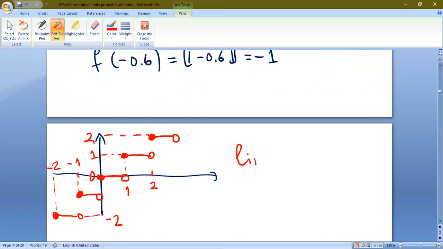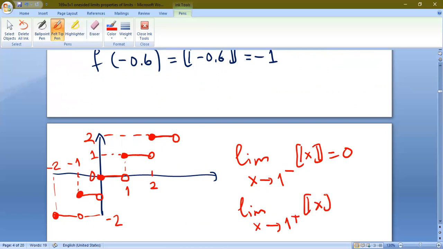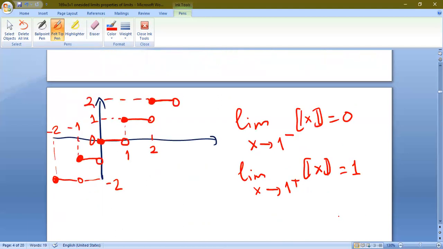And you can look at, for instance, the limits at the integers. Let's say the limit at 1 from the left. What happens from the left of 1? This function gives 0 from the left, right? The values are approaching 0 from the left. But from the right of 1, we are approaching 1. So as you see, there is no limit at the integers.